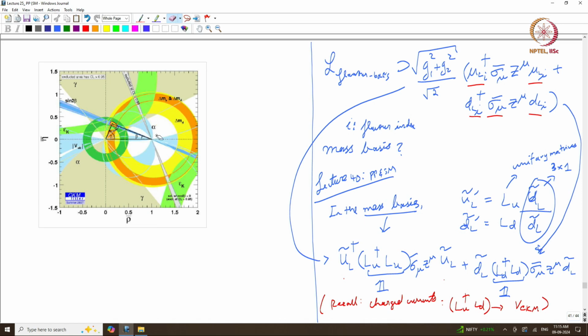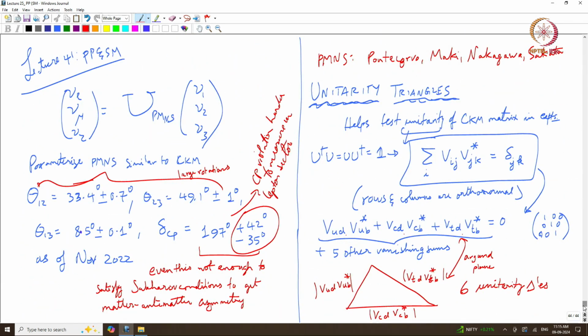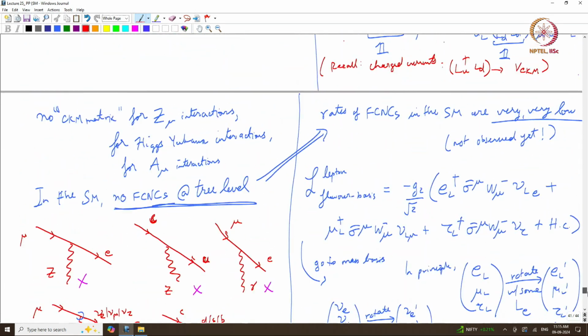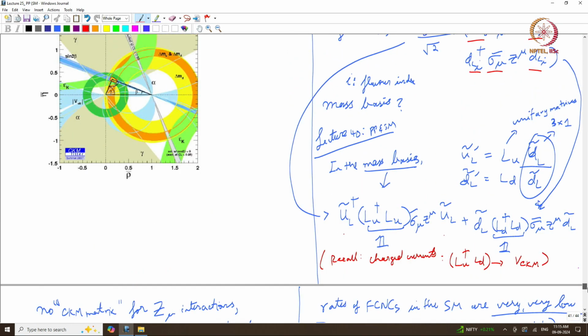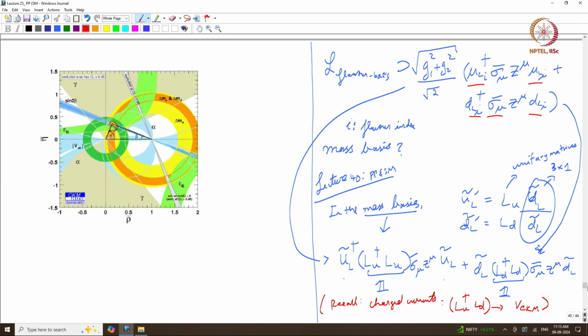Now, you will notice that on this plane there are other variables like rho bar and eta bar and so on. What are those? That is just a normalization. Here I have taken VCD VCB star. Suppose I set this to 1. In other words, I just normalize everything to that particular element. Then what would be the length of this?